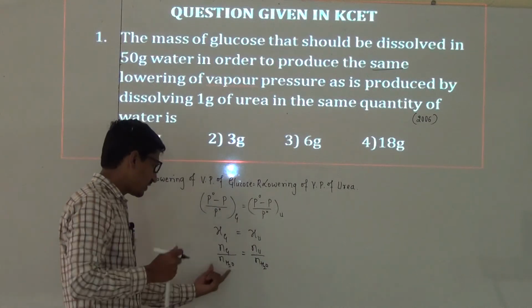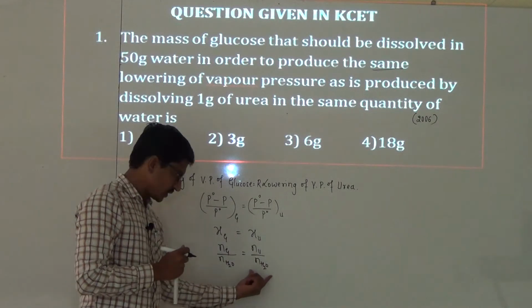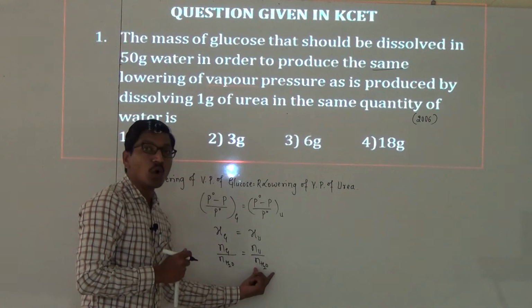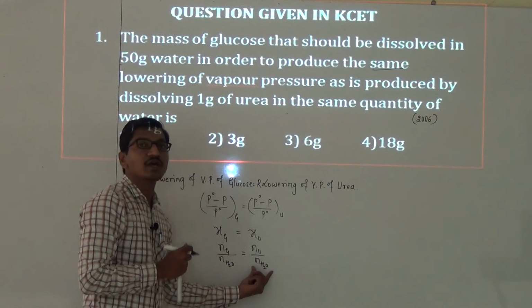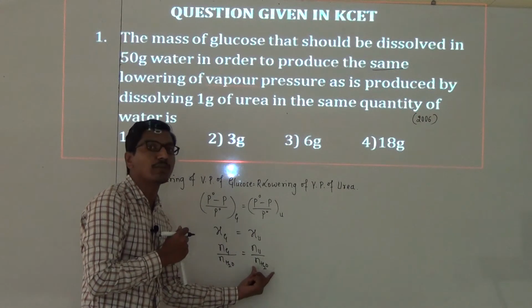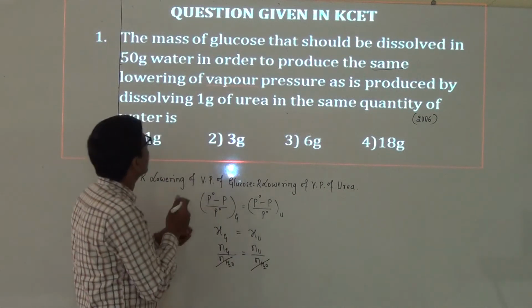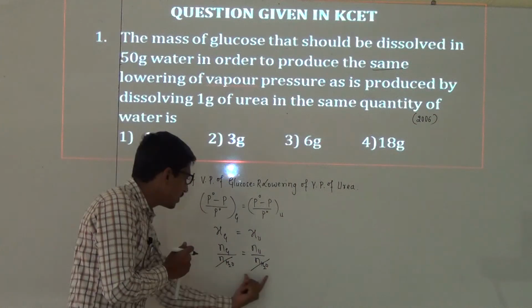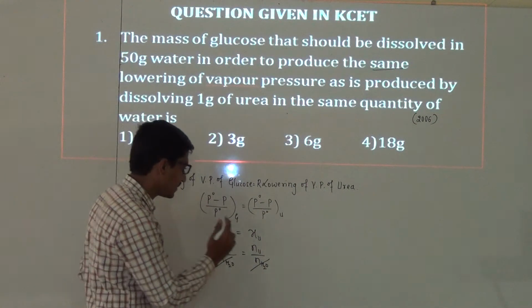In the denominator, the number of moles of glucose and urea are neglected because the number of moles of water is more, or the number of moles of solvent is very high as compared with solute, and the number of moles of solute is negligible. The same 50 gram of water is taken in both solutions and the number of moles of water is the same, so it is cancelled.